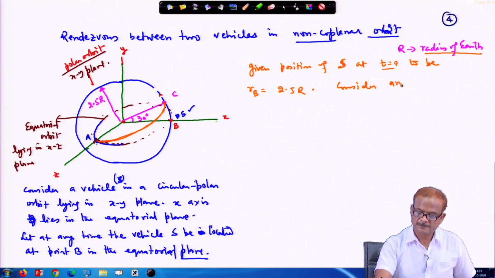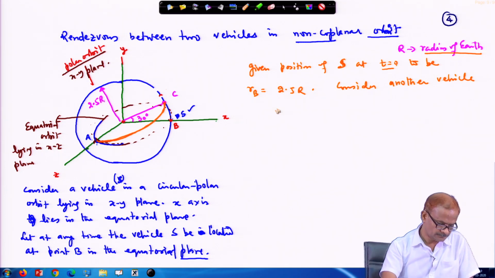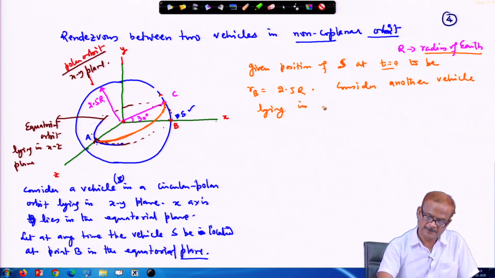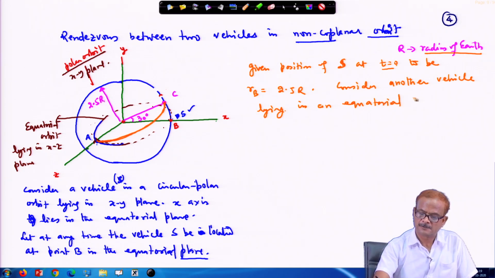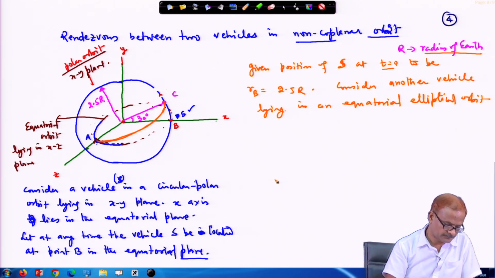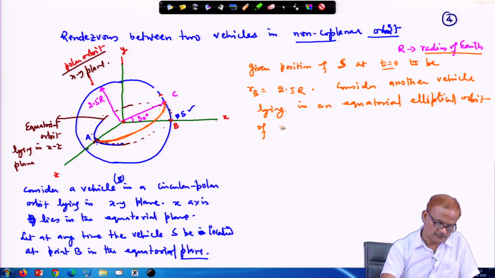Consider another vehicle lying in an equatorial elliptical orbit of eccentricity 0.5, with perigee located at A on the z axis.